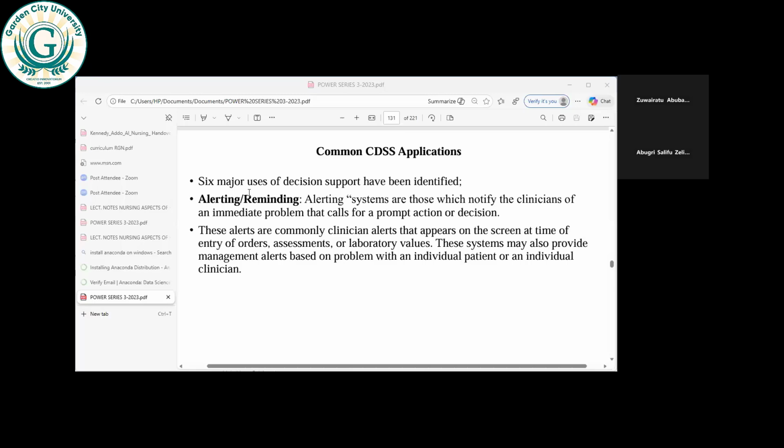So whenever it's time, the system will alert whoever is around with a red indication that it's time for this, or this patient is this or that. So that's my own. Thank you. So in our own small way, we are all witnesses to some of these decision support features complementing our efforts. Okay, that's a very good one.